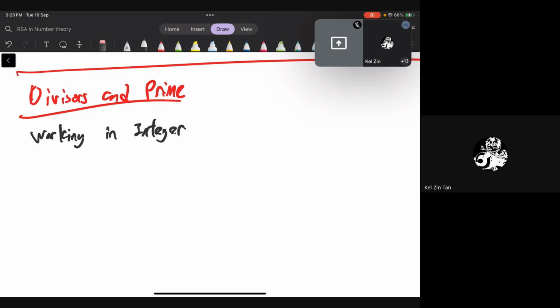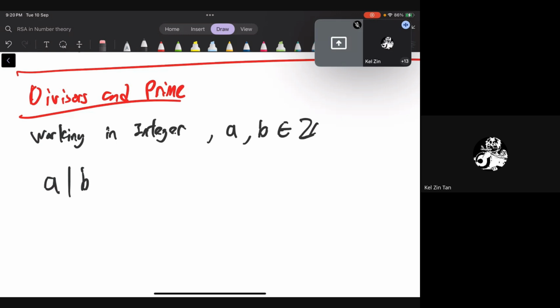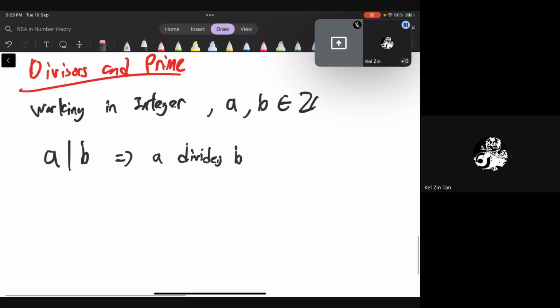So let's say A and B are integers. Remember this notation. When I say A, this divide is this straight line here. What this basically means is that A divides B. So what does A divides B mean?